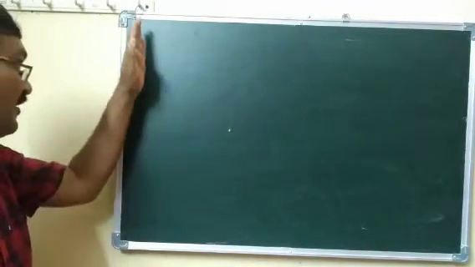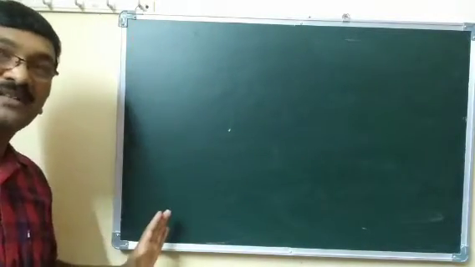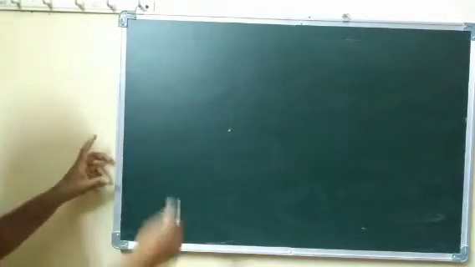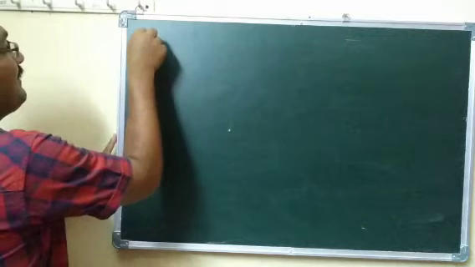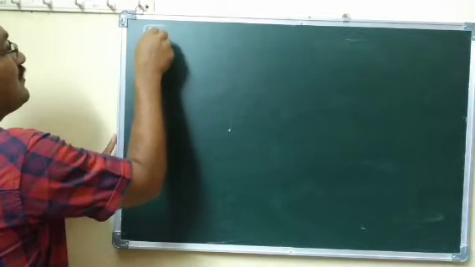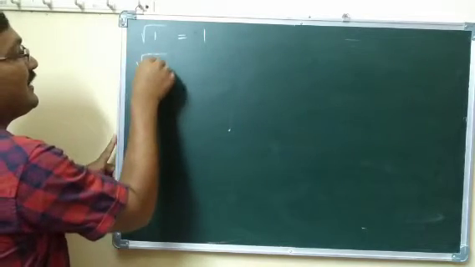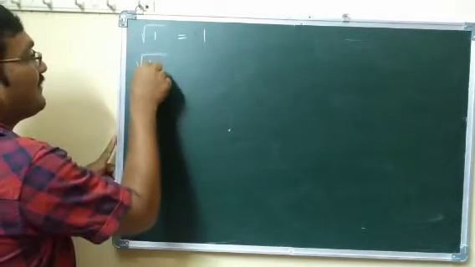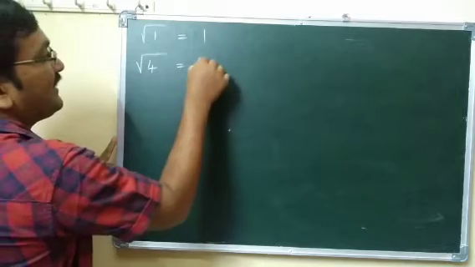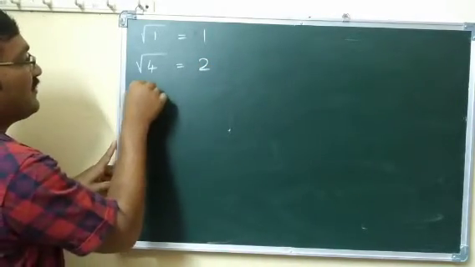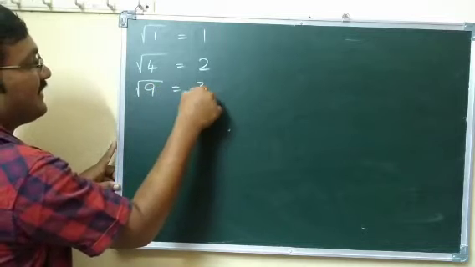Here, first we want to take the perfect square numbers. For that, we can write the square root. For root 1 the value is 1 only. Root 4 is 2, which I explained before. Next one is root 9, value is 3.